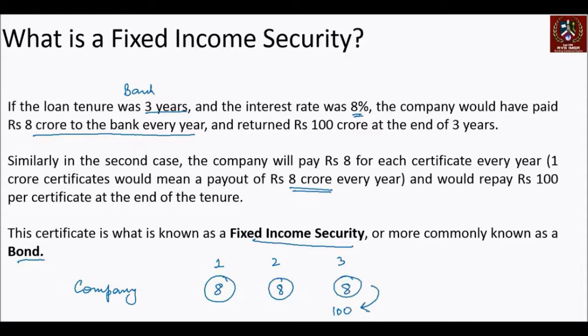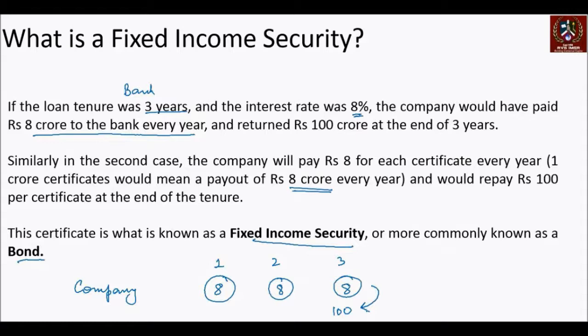So a fixed income security is nothing but a sort of a loan. Essentially, if a company is borrowing money, instead of from a corporate, from multiple corporates or multiple investors or multiple individuals, the company would issue some sort of certificates in lieu of those borrowings.